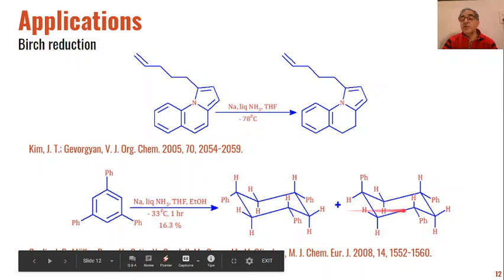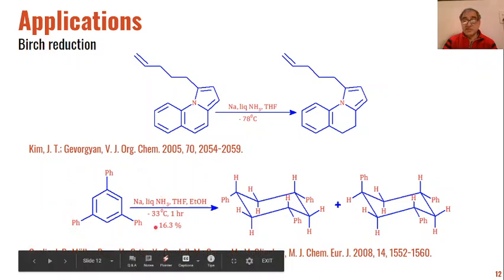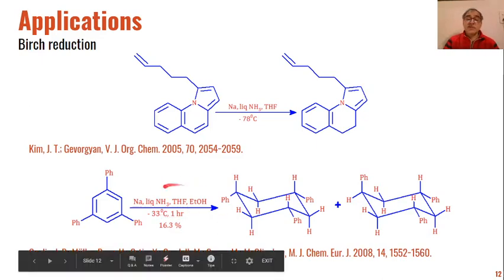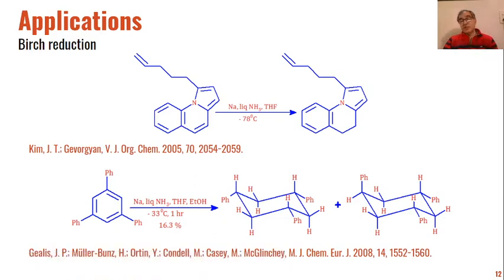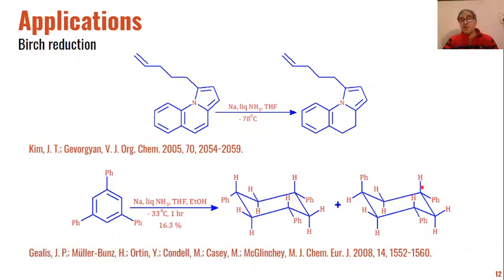So this is how we can get different types of isomeric products by the partial reduction of these types of aromatic systems in presence of sodium in liquid ammonia, using THF as solvent and ethyl alcohol as a proton donor. So this is how different types of systems they can undergo partial reduction or Birch reduction.